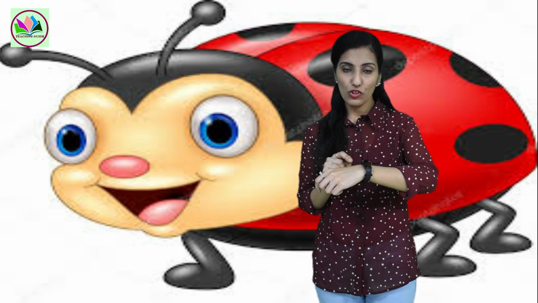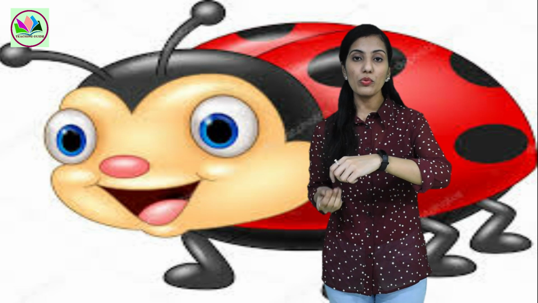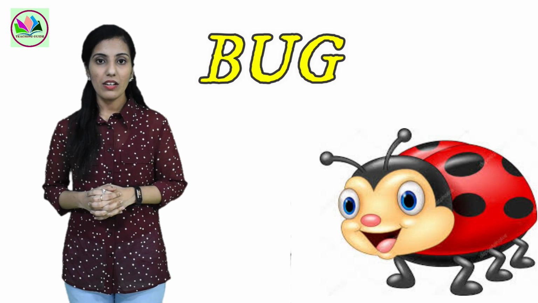He got a big boil. The boil started to itch, so he started scratching it. And the blood started oozing out of it. So now let's take a look at all the B words. Bug, B-U-G, bug.